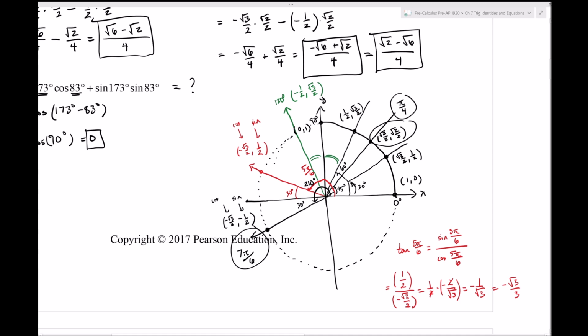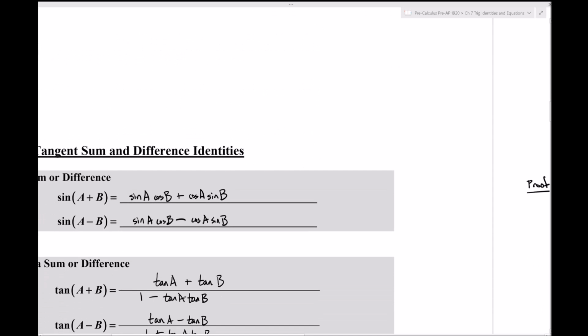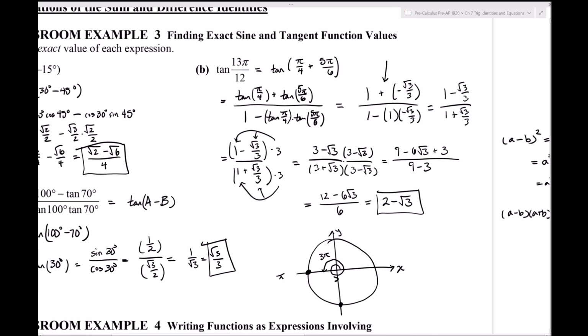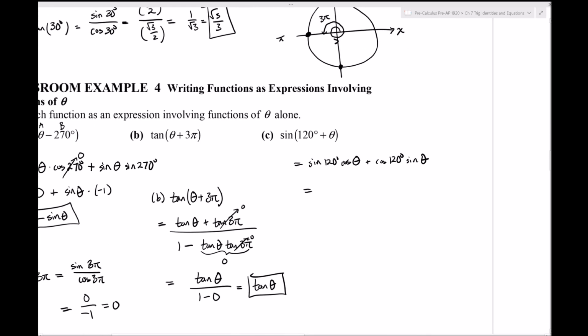So I'm stealing the coordinates from the 60-degree angle, and I'm just negating the x coordinate because now we're in the second quadrant. So then -1/2, square root of 3 over 2. This one's cosine, this one's sine. Let me remember that. So for cosine, -1/2; sine, positive square root of 3 over 2.